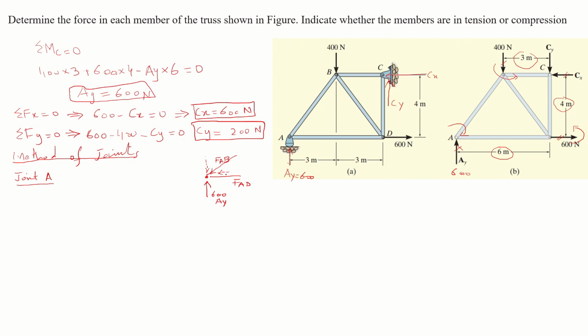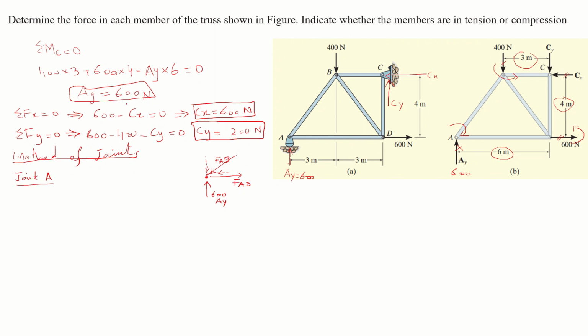The Y component of FAB will counter this 600 Newton force, and now you can see that FAB has also an X component on the left side, and it will be countered by FAD, which is on the right side.